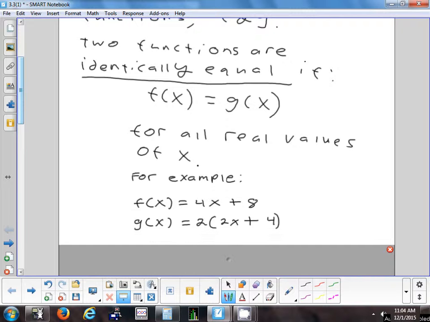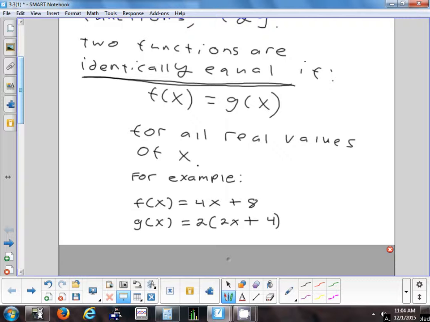But if you pick any number you want for x, say 2, plug it into the top function, then plug it into the bottom function, I guarantee you will get the same answer in both. And that won't work for just 2. You can pick any number you want for x: positive, negative, fraction, decimal. Plug it into the top, plug it into the bottom, you're always going to get the same thing. These functions are identically equal.